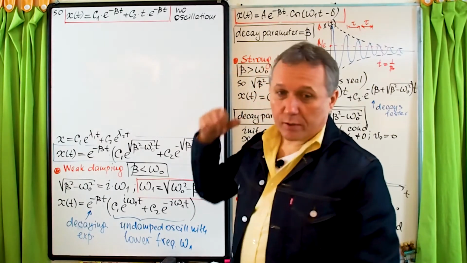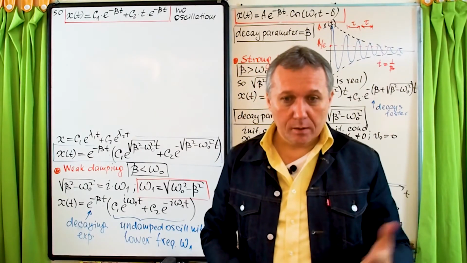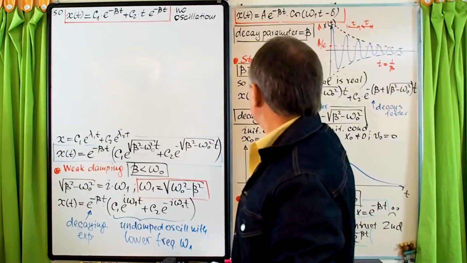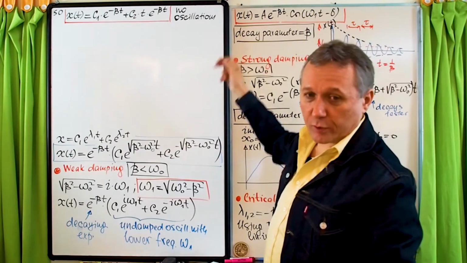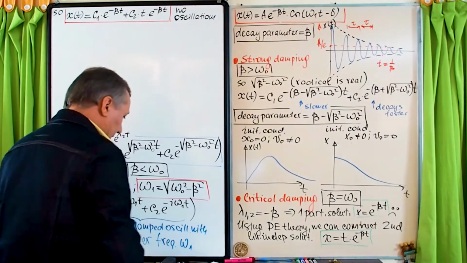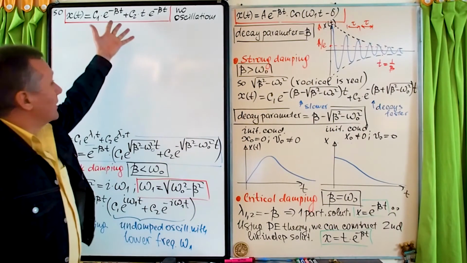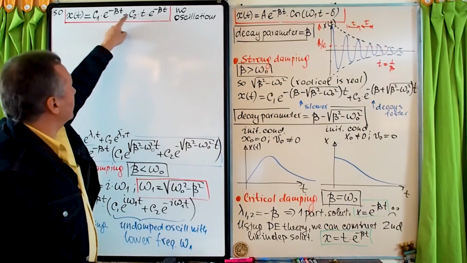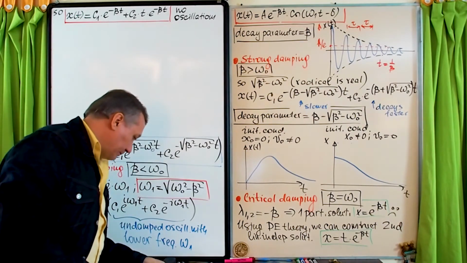So what can we say about the decay parameter? Because that's what we want to get for all of these cases. The decay parameter in this case is beta, right? That's the factor next to t in that exponential.